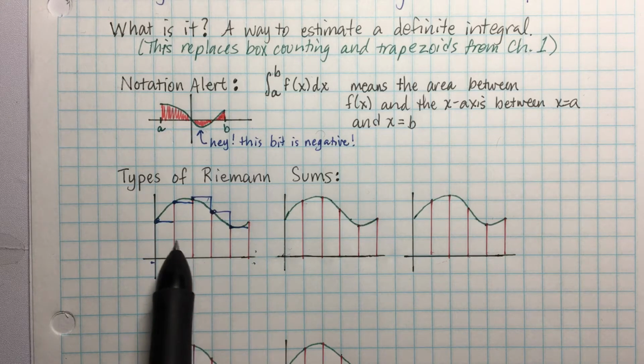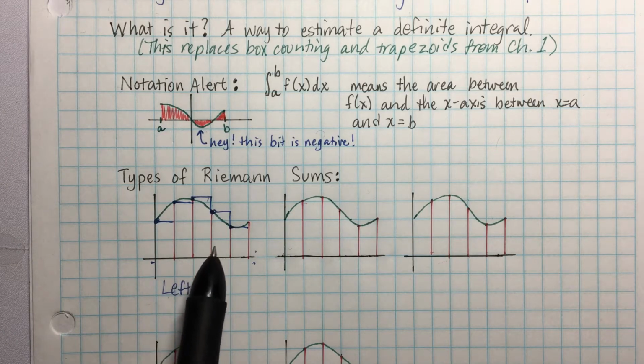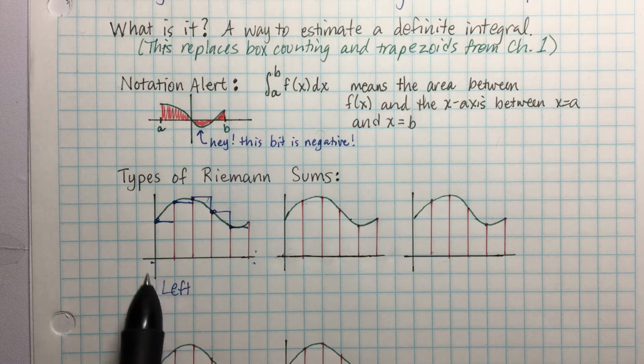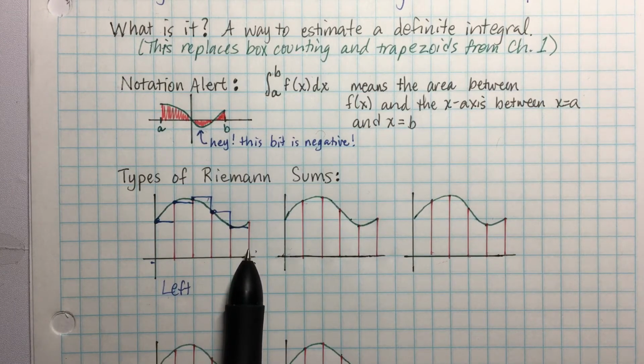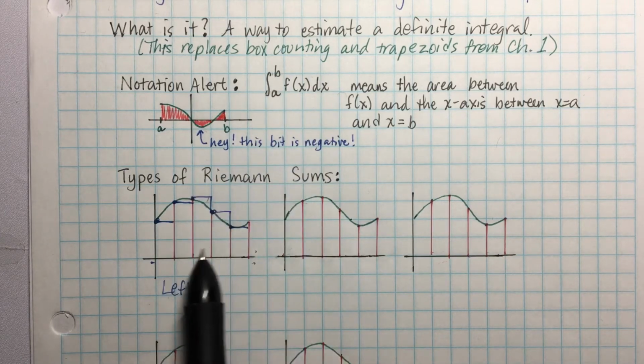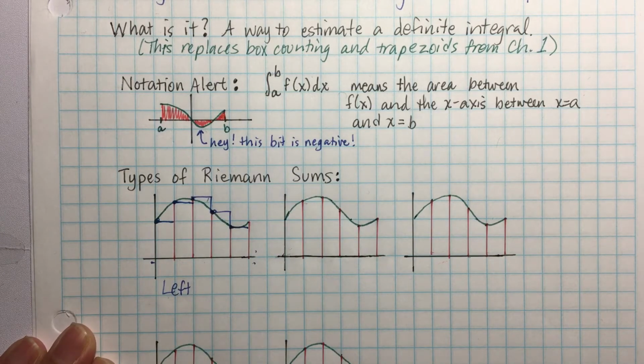It doesn't really matter if I have really skinny strips, because if your strips are skinny enough, you're not going to have any sort of error. In fact, as the number of strips goes to infinity, the number that you get from this Riemann sum actually gets to this perfect exact answer.